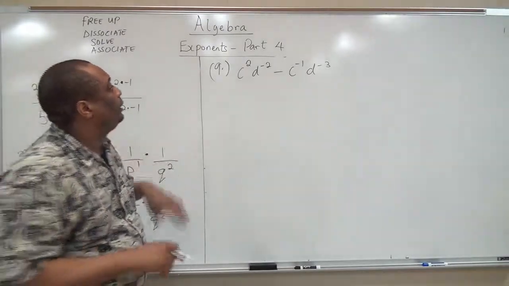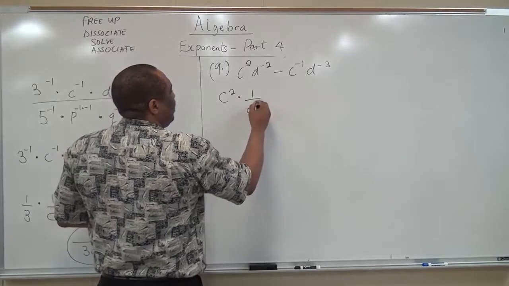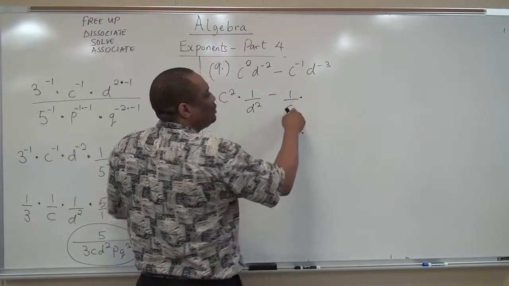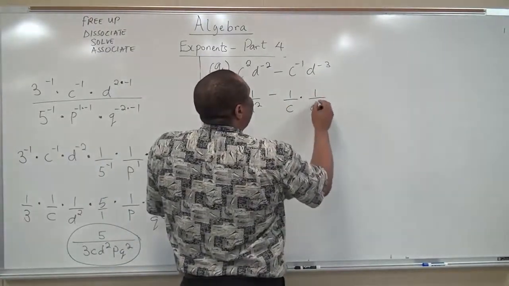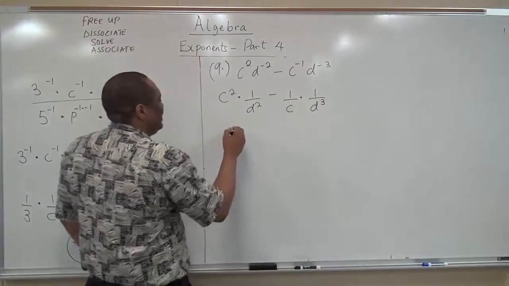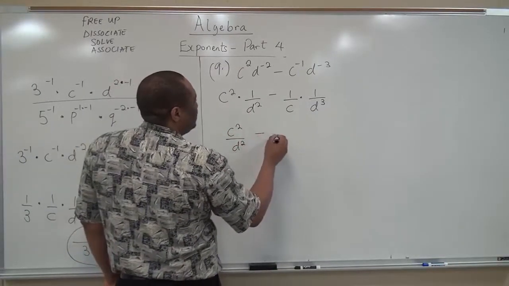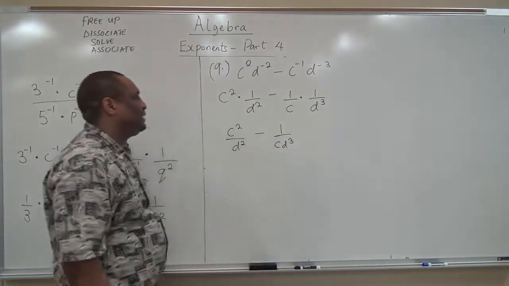That is all we want. Now this is c squared times 1 over d squared minus 1 over c times, because this is 1 over c exponent 1, times 1 over d cubed. So this is c squared over d squared minus 1 over cd cubed.